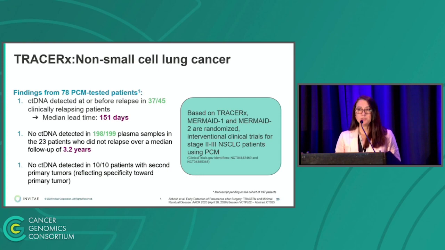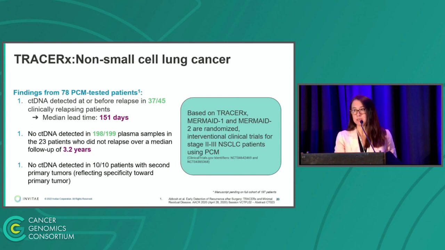And then they looked right down at patients who had developed a second tumor to see if the test sort of accidentally flagged that tumor, and it didn't. So 10 patients had second primary tumors, and remember that the assay is built off of a specific tumor, and no ctDNA was detected when you were just looking for the genomic alterations from that first tumor in 10 out of 10 patients with a second primary.